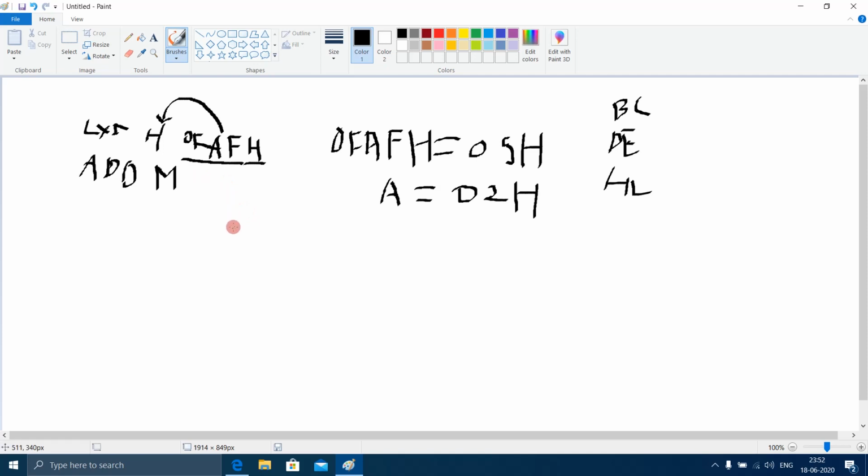Or load the contents of 0FAF in memory. When we use the instruction LXI H, 0FAFH, it is going to load the contents of the memory location 0FAF into the memory.